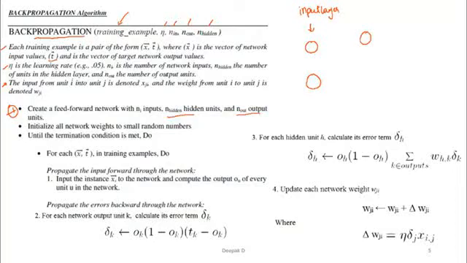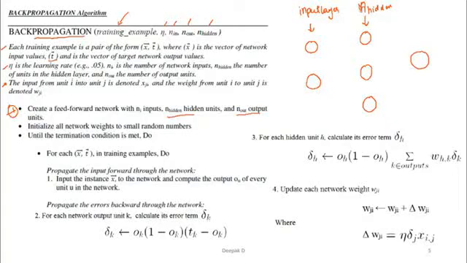Here I take three hidden units or neurons in the hidden layer. This is represented as H, or you can represent it as n hidden. There are three hidden nodes, and for the output I take one output node.